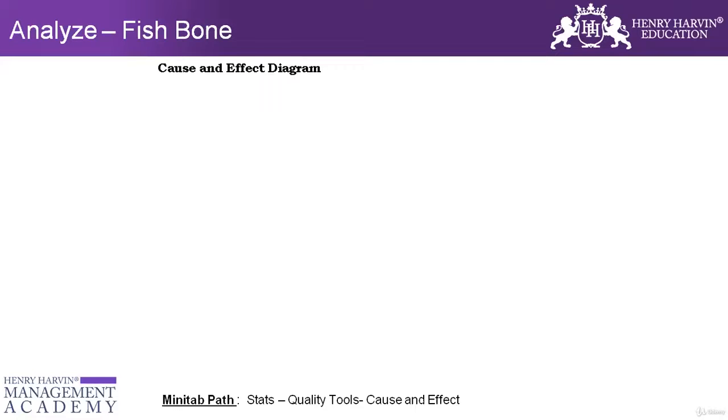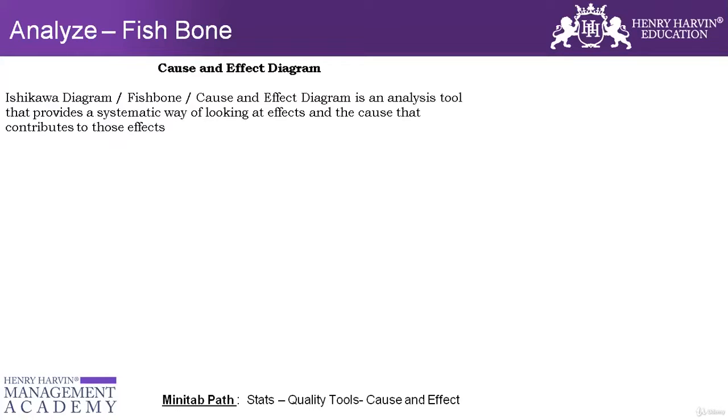Some people say fishbone is an exercise which helps to identify the causes. I would differ. It is not to identify the causes. Identification has already been done in the brainstorming. In the cause and effect diagram, what we typically do is categorize those causes under different headers.